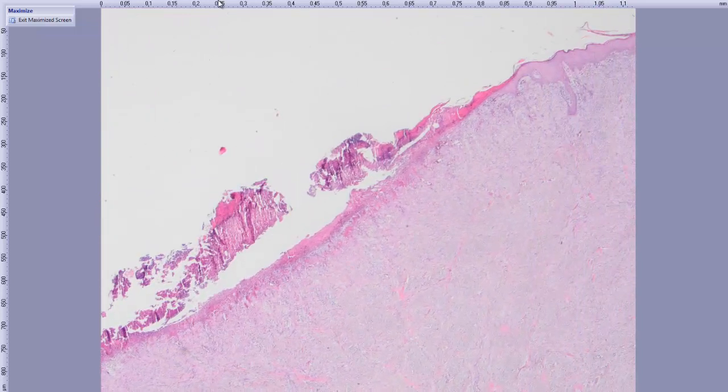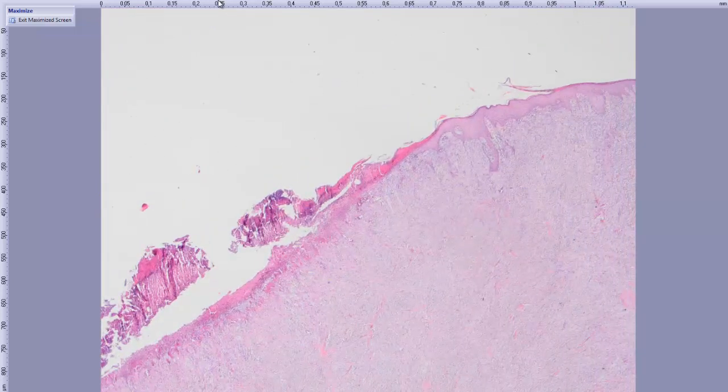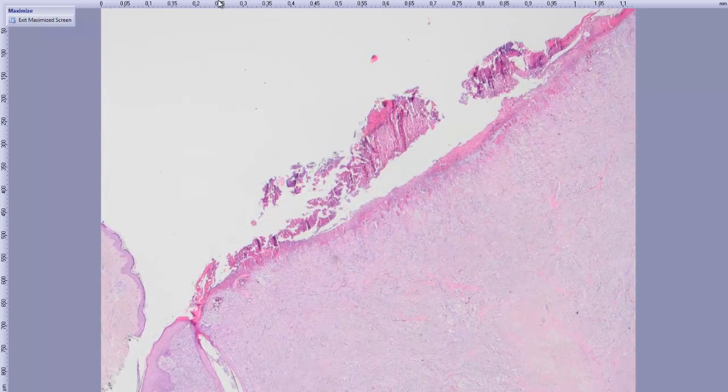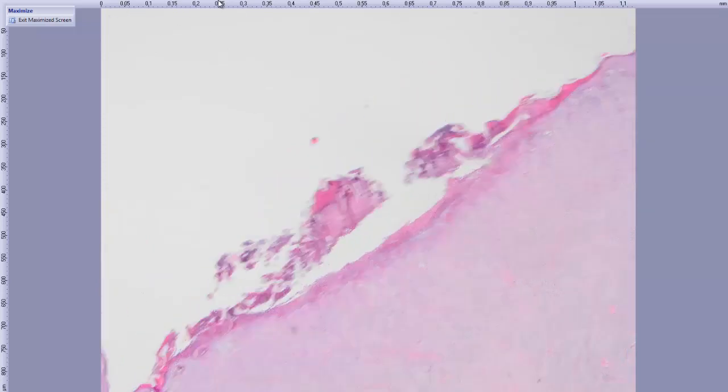At first look, a lesion located at the inguinal area may have a traumatic ulceration, but ulceration in a dermal nodule is always alarming.